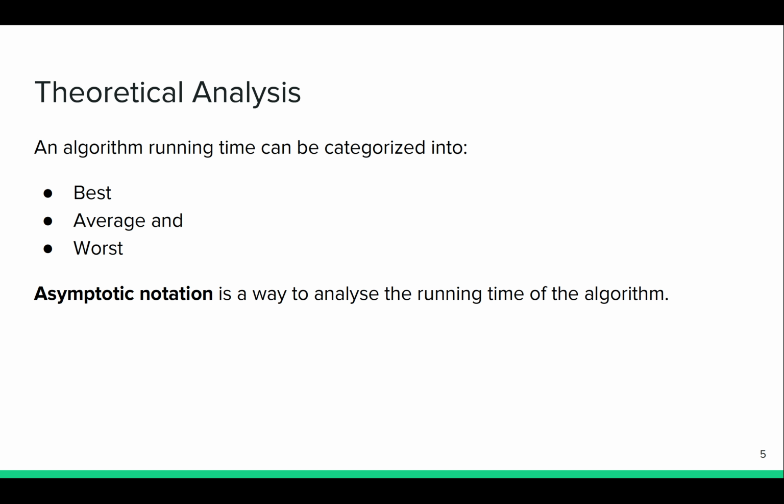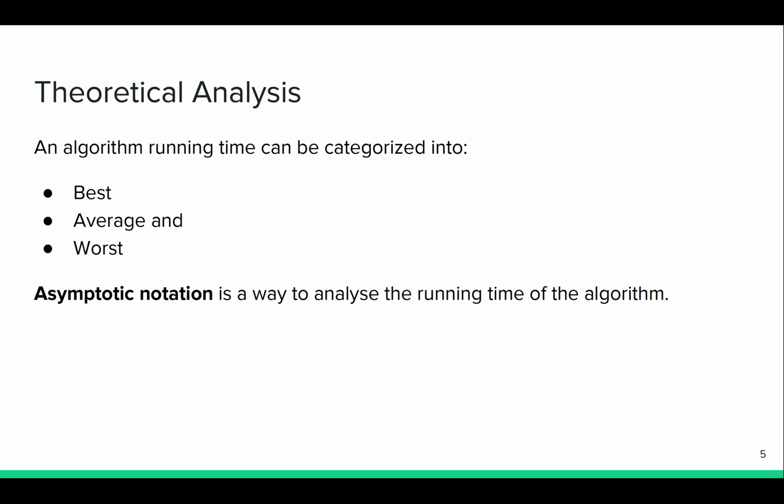So, given an algorithm, depending on the inputs that we provide, the algorithm may run in its best time, or sometimes in its worst time, or sometimes we'll go for an average case. We will discuss the best case, average case, and worst case in detail in the coming lectures.